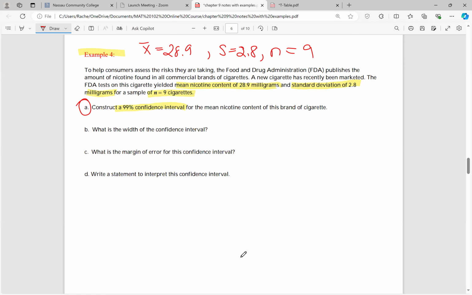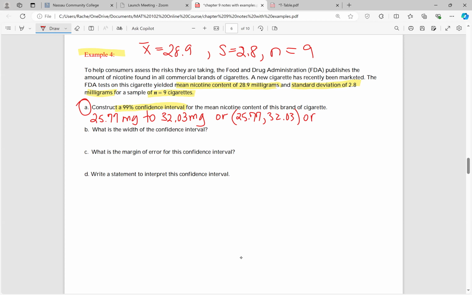So there's a few different ways you could write a confidence interval. We could write it in words using the word to. So we could say 25.77 milligrams to 32.03 milligrams. Or another way we could see it sometimes is in parentheses, like the way the calculator gives it. So 25.77 with a comma to 32.03 milligrams.